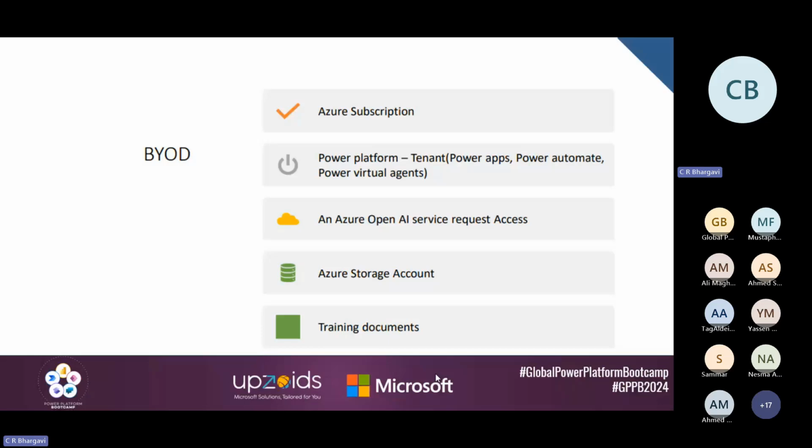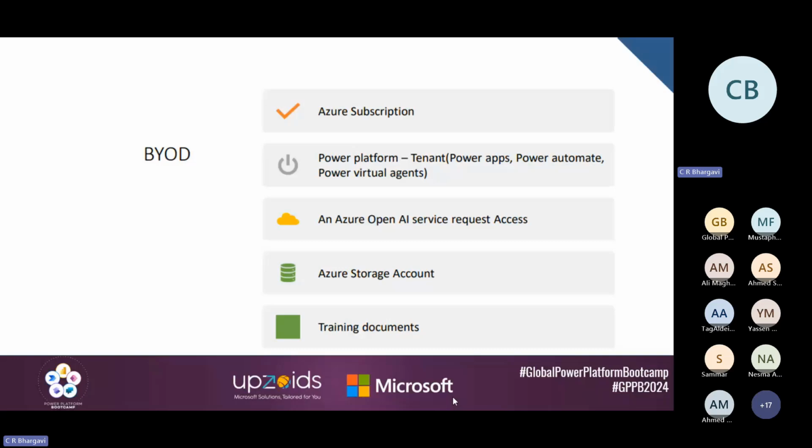So what happens is that you would be requesting the Azure OpenAI access, and once you have requested it, you would be storing the data that you want from your organization into the storage account. So you need a storage account, and the training documents are what you get from your organization.